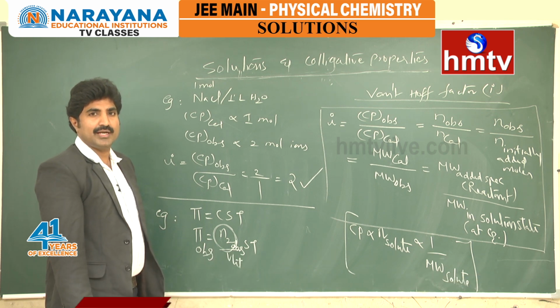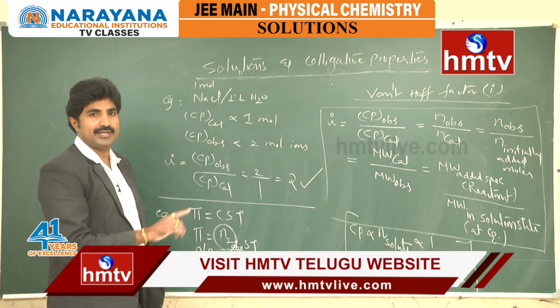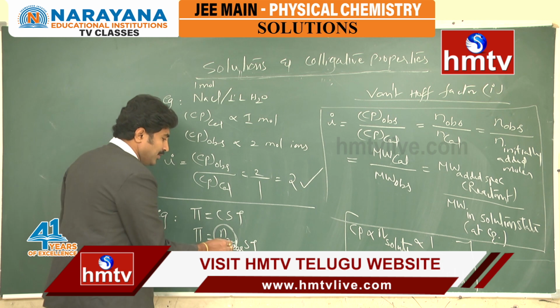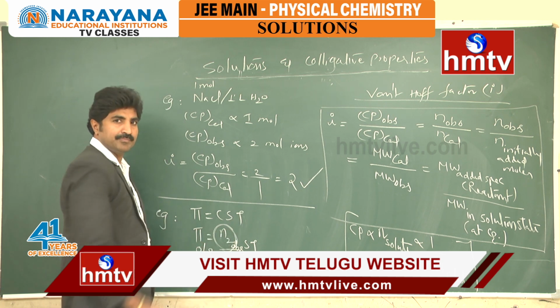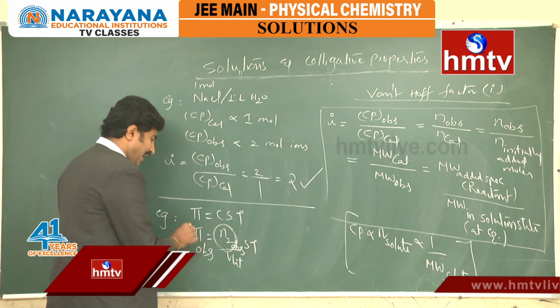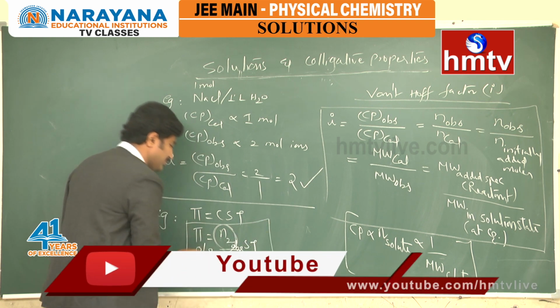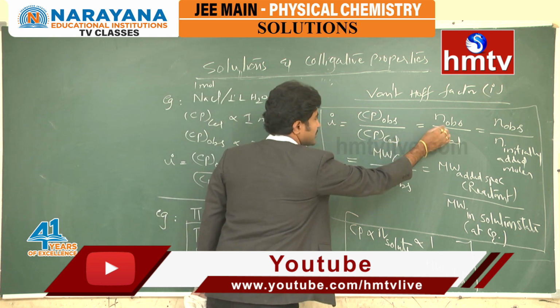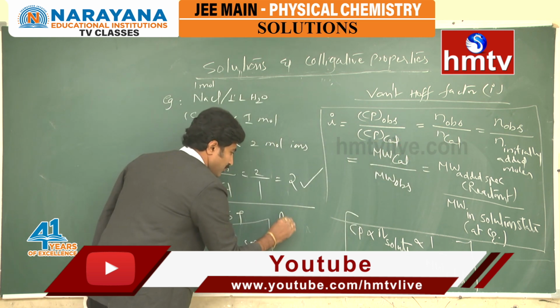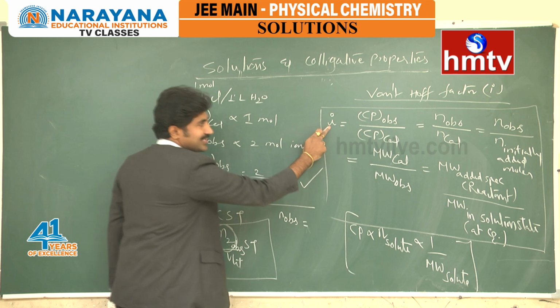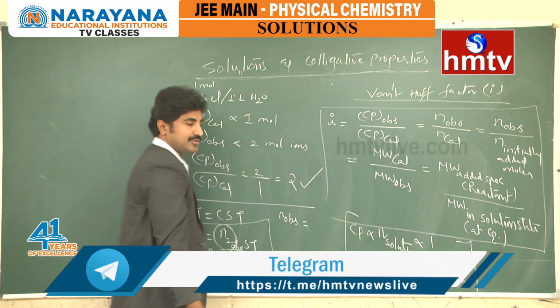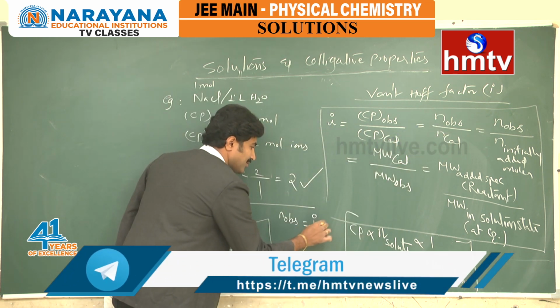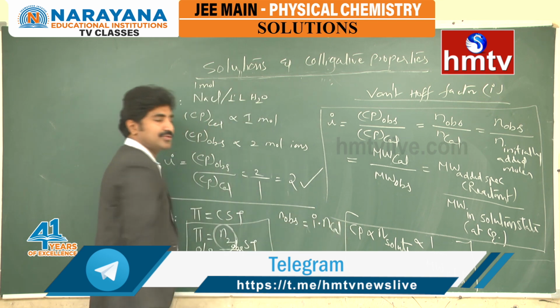So to correlate calculated colligative property and observed colligative property, always use observed moles. If you use observed moles in this calculation, you get the observed colligative property. From this, what is observed moles? We know I is equal to observed moles by calculated moles. Therefore, observed moles is equal to I into calculated moles.